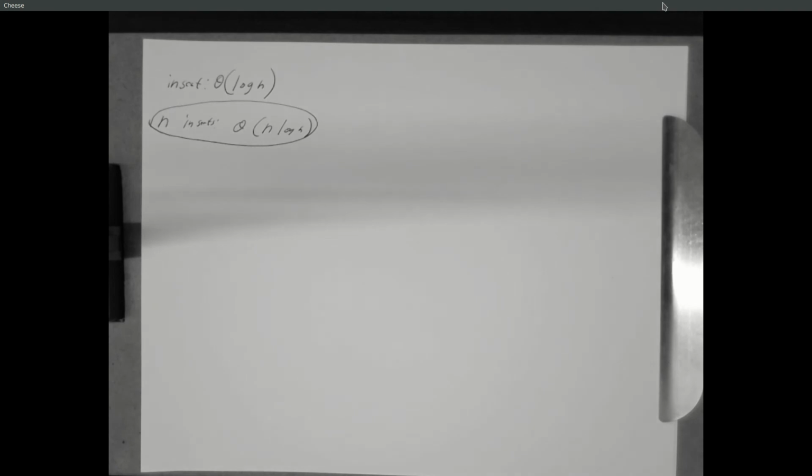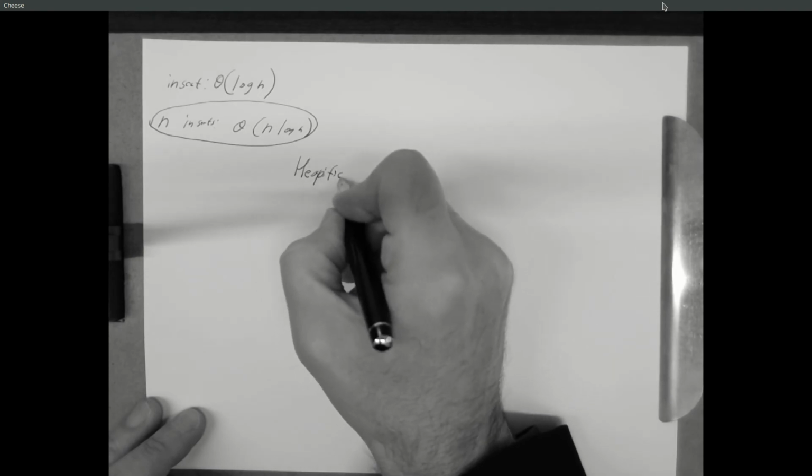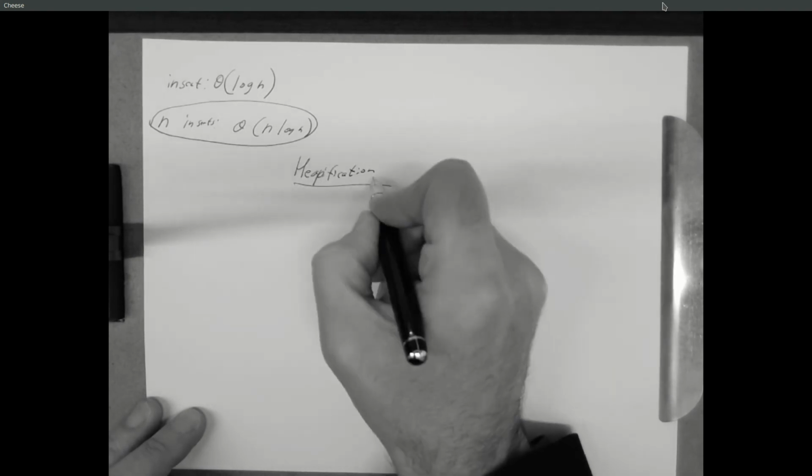So if we want to build a heap out of a set of data, instead of adding the data one number at a time and adjusting the heap at each point, we can do something called heapification, which may not be a real word, but heapify is. So here's the idea of heapification.